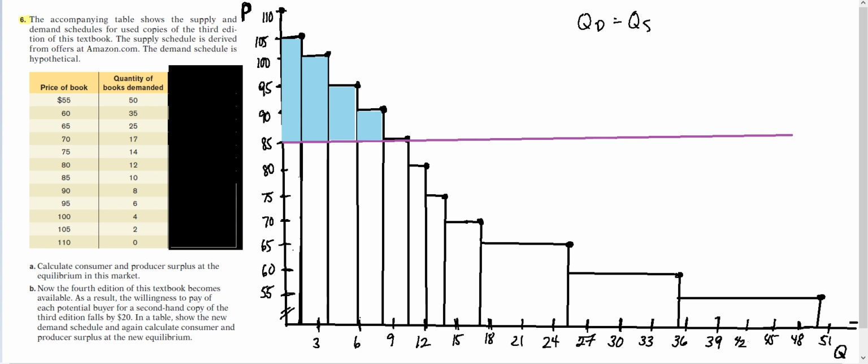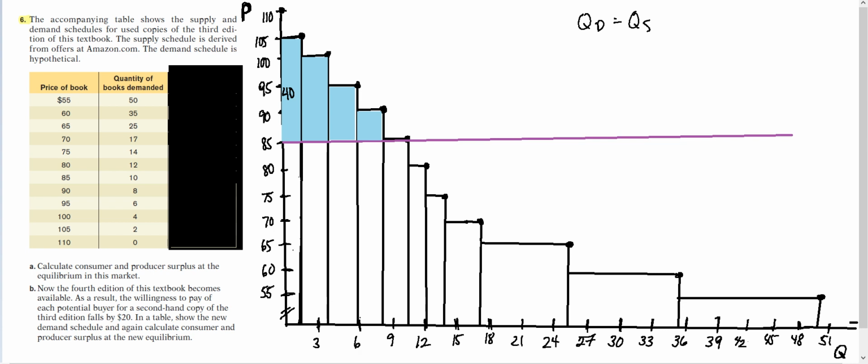This bar represents a willingness to pay of 100 and actually paid $85. So a height of 15, and again a width of 2, and so the area in this bar is going to be 30.